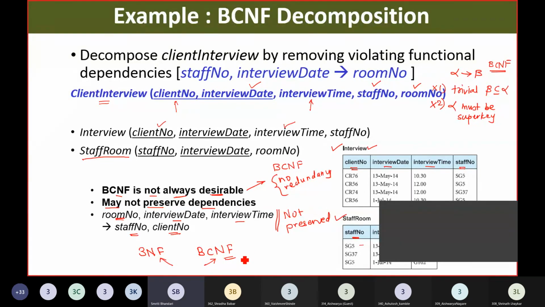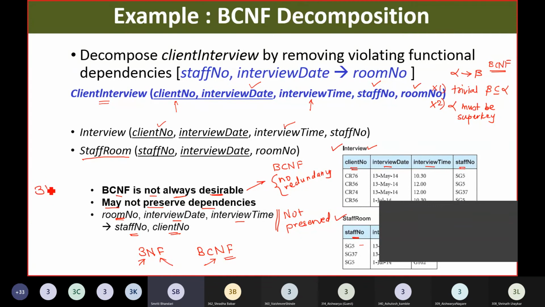But if we are more concerned about testing the functional dependencies, and there exist dependencies that are not being preserved in BCNF, then we should stick to 3NF. Right? So while designing a database, we should always think of this trade-off, whether we are more concerned about redundancy or about preserving the dependencies.